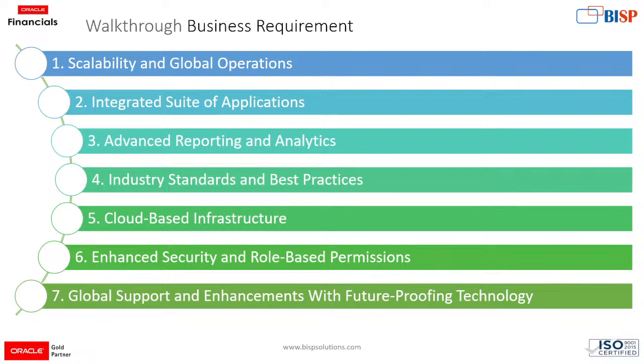So some of the more features, let's go with the industry standard and best practices. Oracle is an enterprise resource planning software, that is ERP. It is an ERP software that is designed to adhere to industry standards and modern best practices.